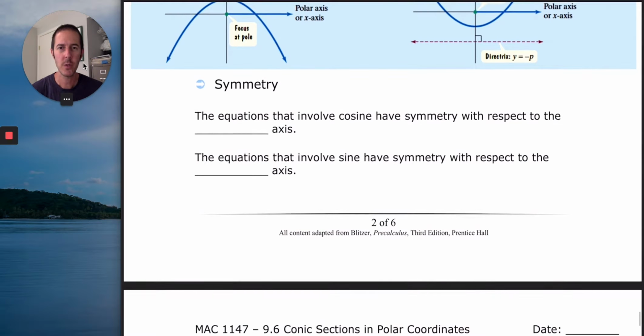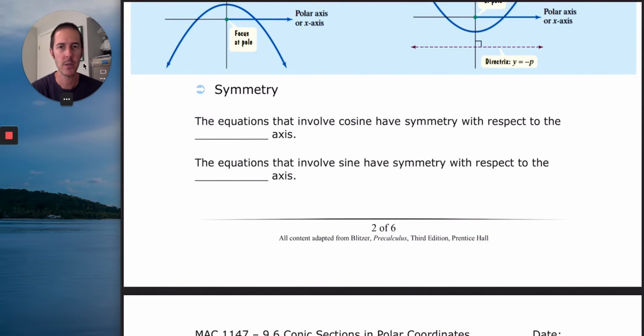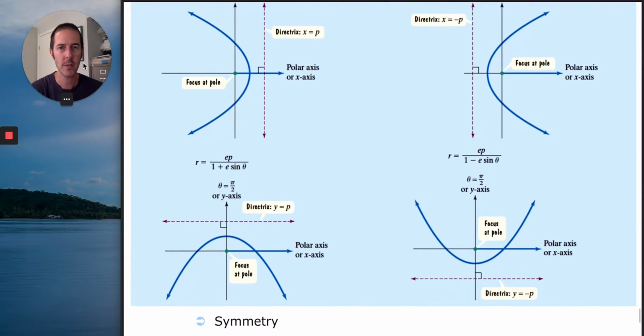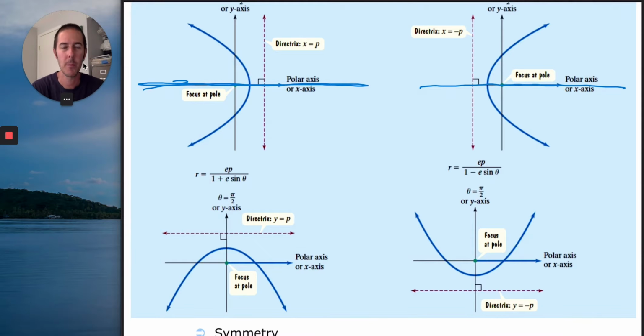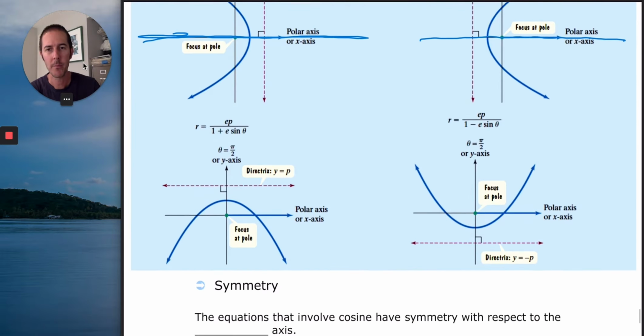Regarding symmetry, the equations that involve the cosine function, those were the first two graphs. They have symmetry with respect to the polar axis. So we see the polar axis passing through here, and whether the shape in the top left or the one in the top right is a hyperbola, a parabola, or an ellipse, we are going to have symmetry about the x-axis or the polar axis.